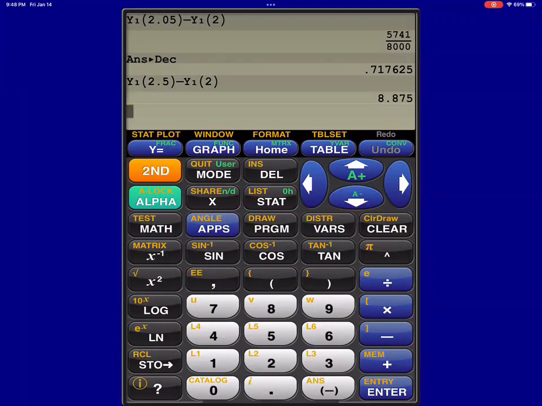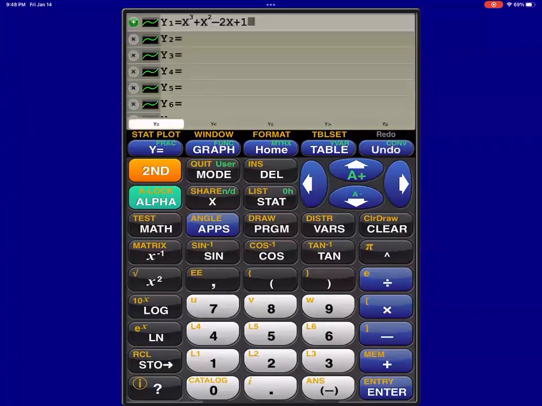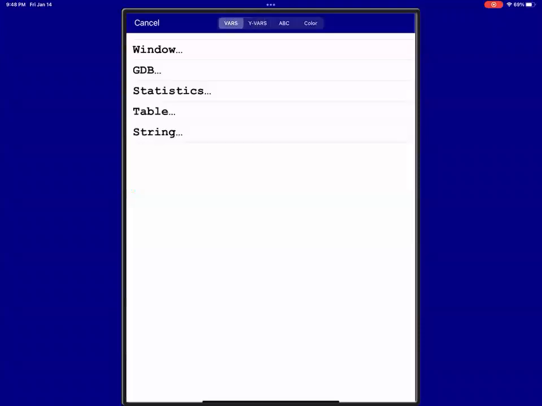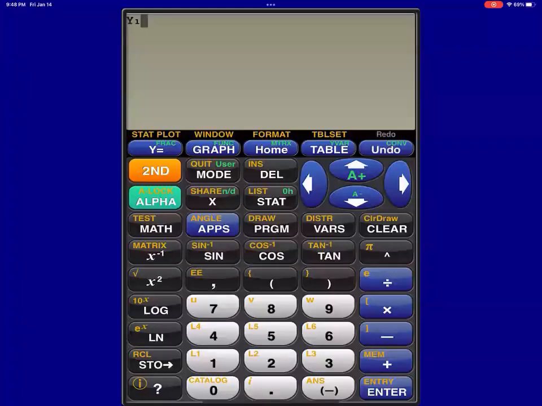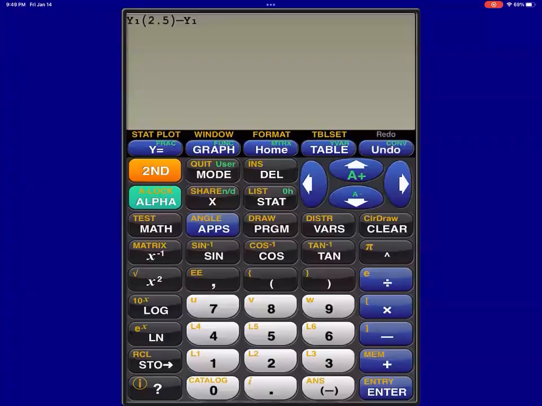That shows in the previous line. So it is Y1. Let's check the equation, x cubed plus x squared minus 2x plus 1. Then I go to the home screen and bring in this function. Then it is 2.5 minus, then again VAR, YVAR, Y1.